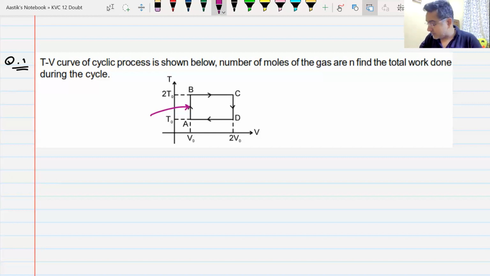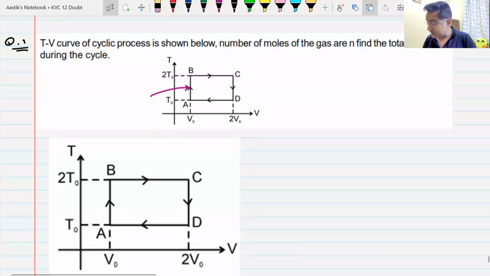Anyways, I will just put a bigger picture. Okay, the picture got too big. So this is an isochoric process.